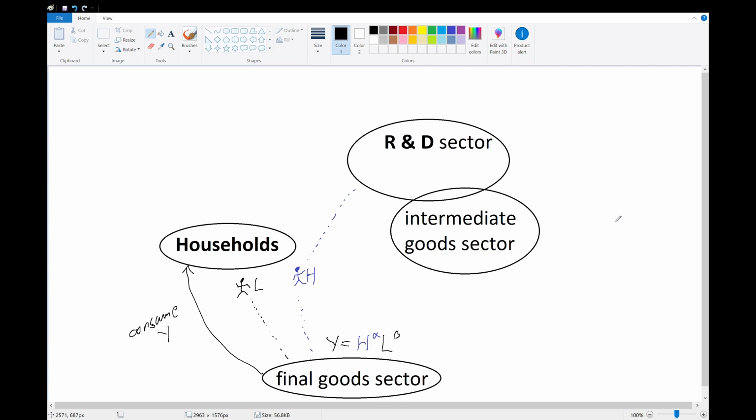Okay, so how does capital enter the model? So for capital, we said we have different varieties.